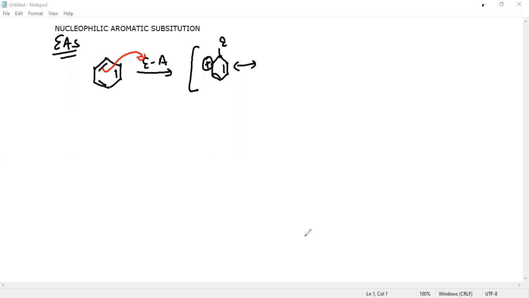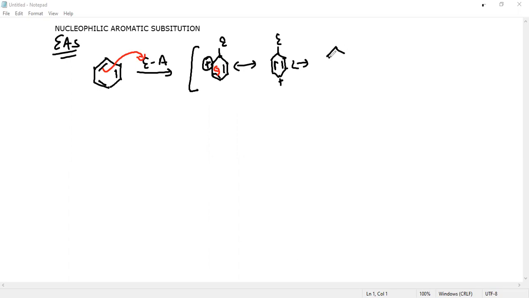I will show you. So what will be the result of that? This is your undisturbed, and this one moved here. So you have a bond here, and then you have the plus charge here. You have the electrophile here. This is your second resonance structure.